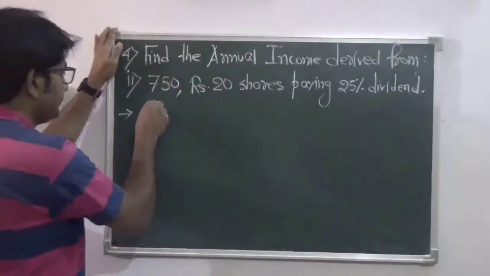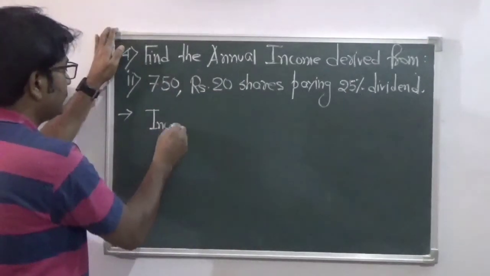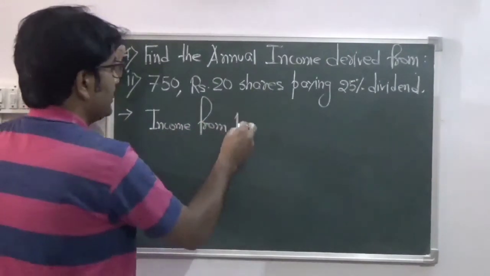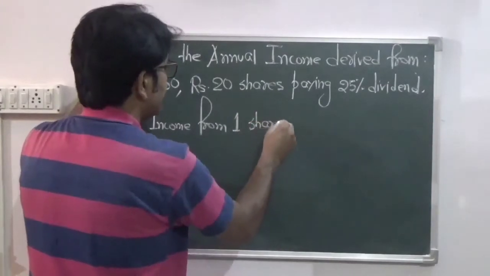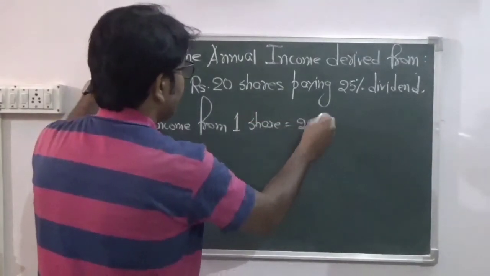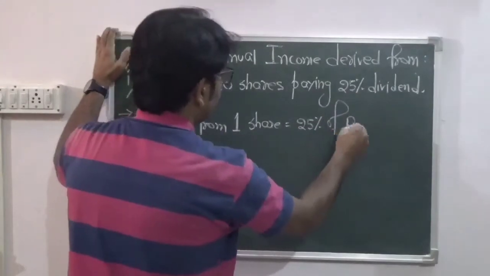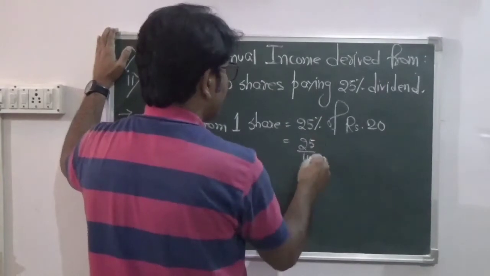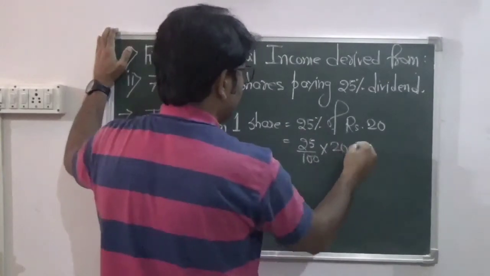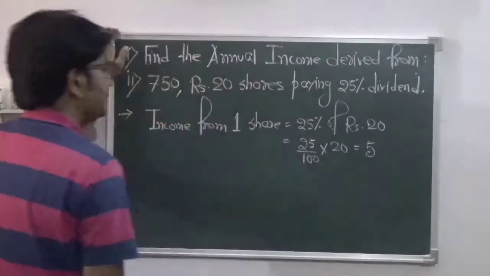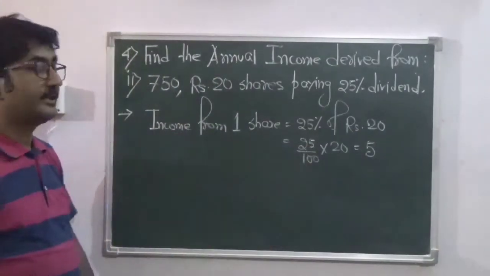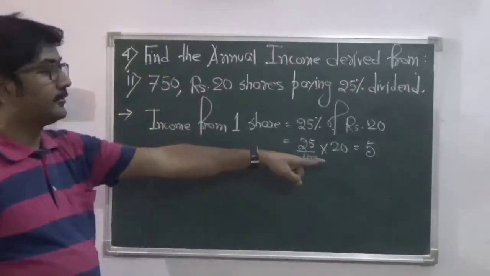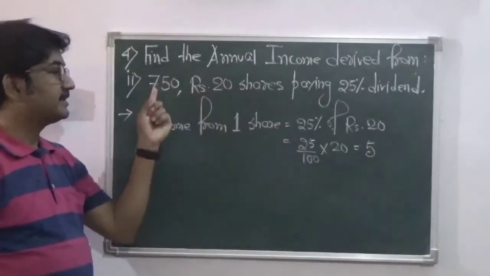So 25, so what we can write is income from one share. Income from one share is 25% of rupees 20, that is 25 by 100 into 20, that is rupees 5. So this is the income from one share. They need to find the income. Total annual income is the income on one share multiplied by the total number of shares, that is 750.